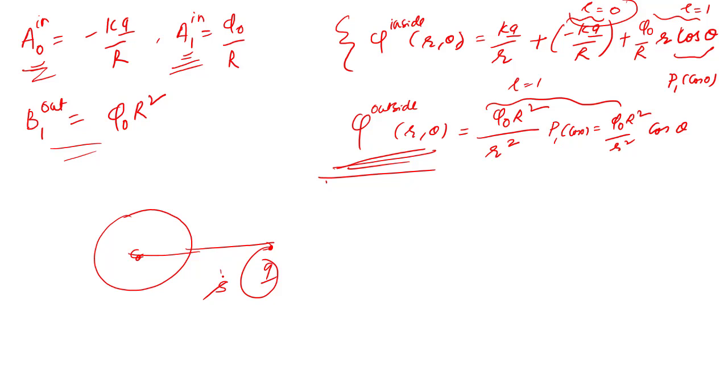And then you also have a little bit of offset in the current example that we did here. The charge is placed at the origin, but here the charge is not at the origin. The charge is at a distance s, but that's just an offset. And so you could try to solve this problem with separation of variables.